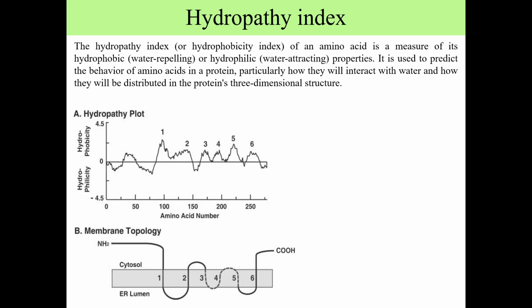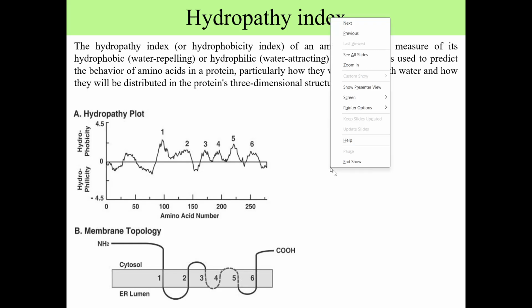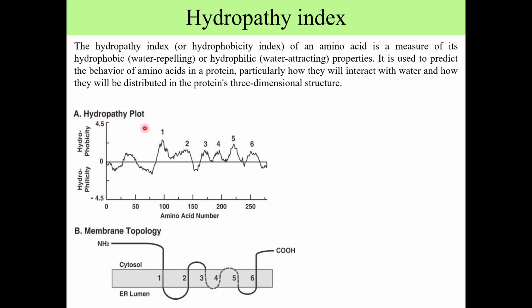The protein chain will be such that it will go towards the interior. But if the amino acid is polar in nature, if it is charged in nature, then it will be towards the surface of the protein. Mostly it will interact with the water molecules, and it will also interact with ligands and every other entity, right? So if you look at this plot, this actually is a plot of hydropathic index.